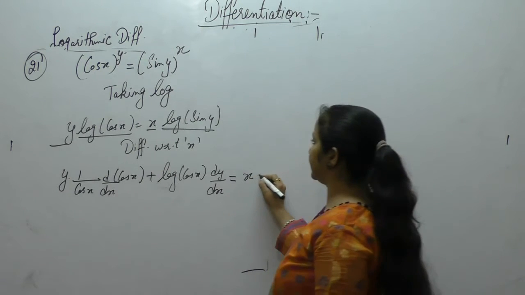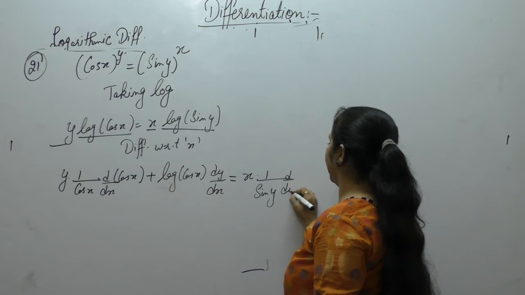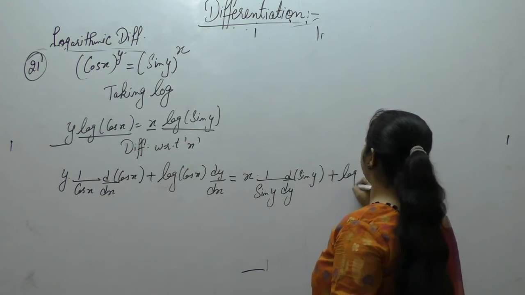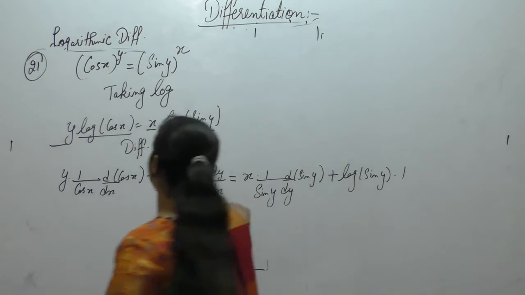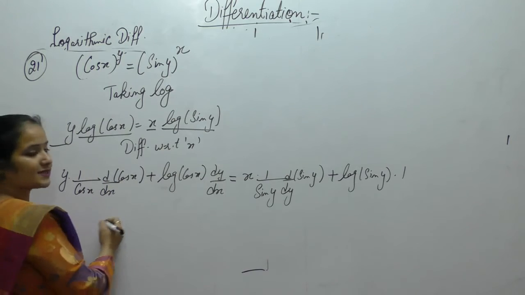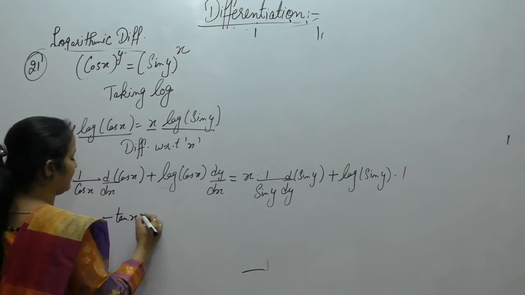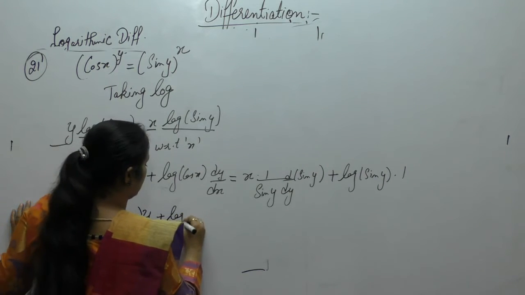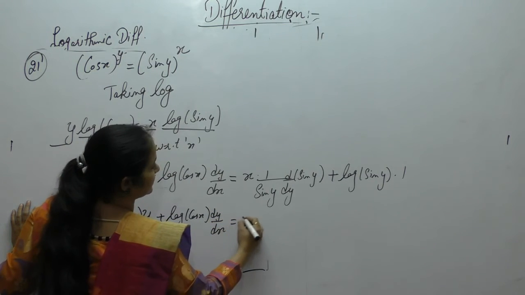First function as it is, derivative of log is 1 upon sine y, then derivative of sine y, plus log of sine y, derivative of x is 1. So what we get: derivative of cos is minus sine, sine upon cos is tan, minus tan x into y plus log of cos of x dy upon dx.